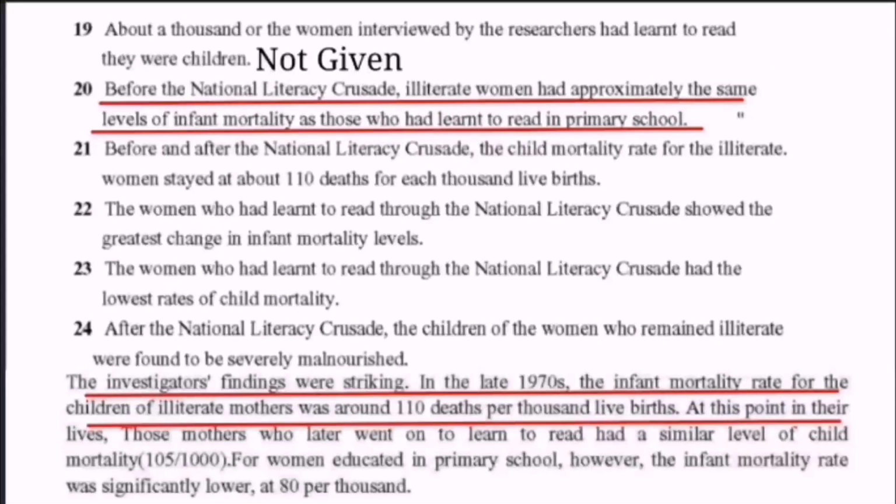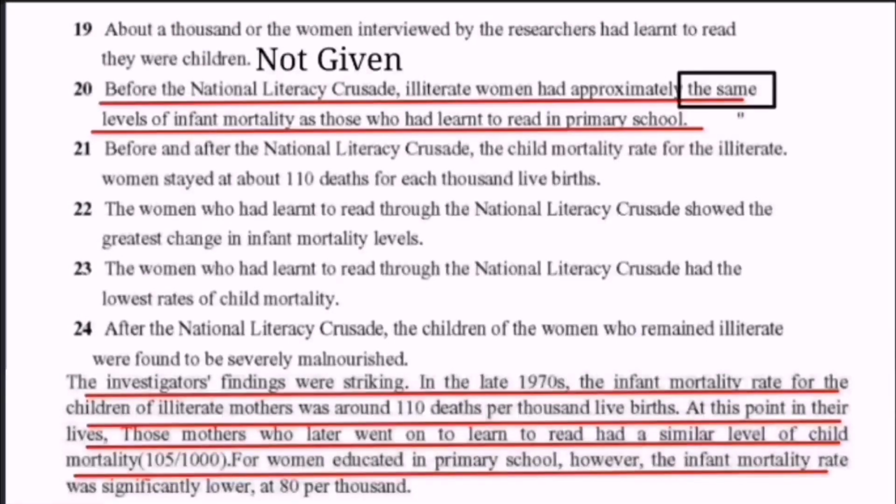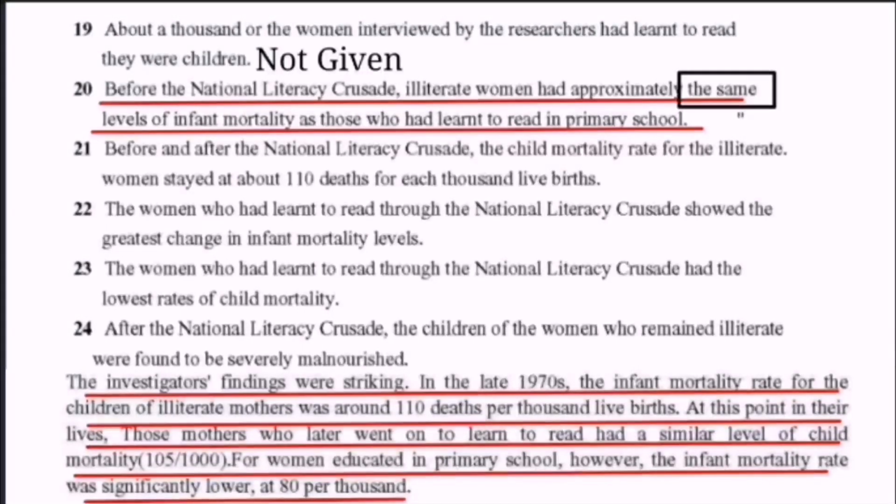So 110 deaths per 1,000 live births are the keywords in the paragraph. At this point in their lives, those mothers who later went on to learn to read had a similar level of child mortality, that is 105 per 1,000. For women educated in primary school, however, the infant mortality rate was significantly lower at 80 per 1,000.